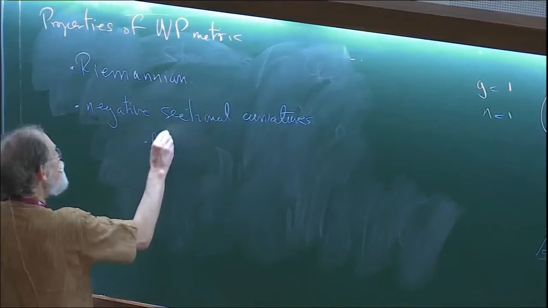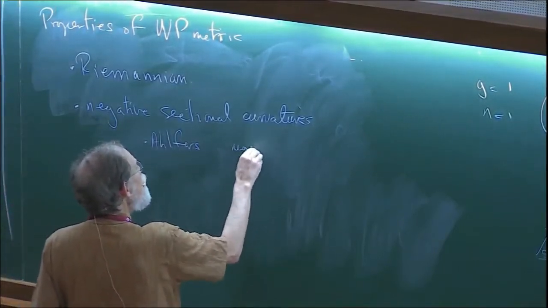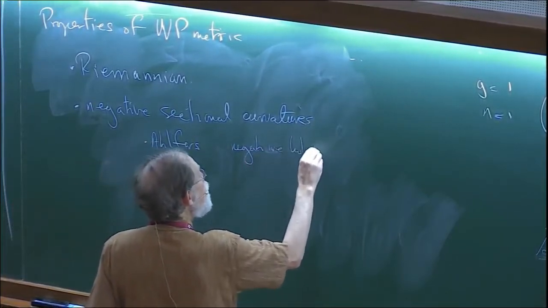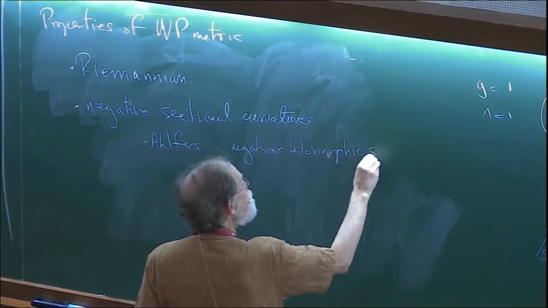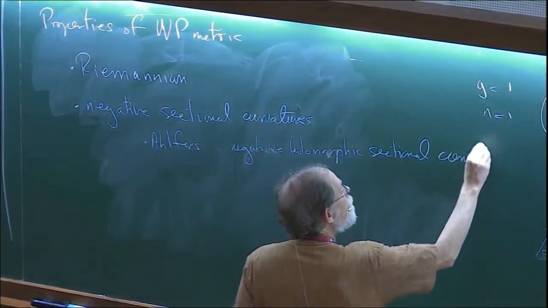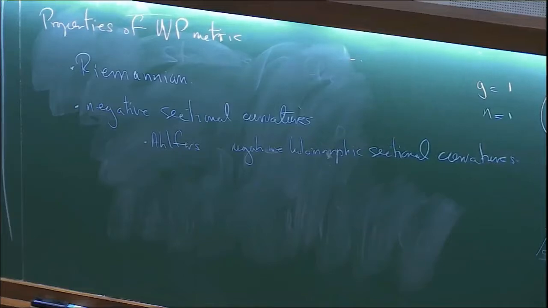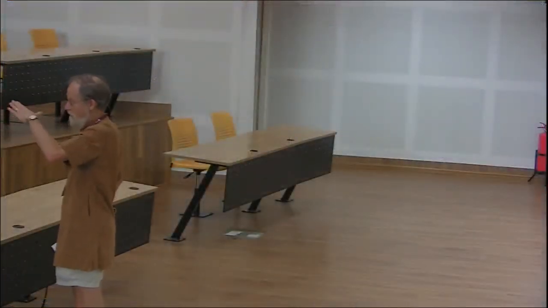Ahlfors did not prove this. He proved that you have negative holomorphic sectional curvatures. Perhaps that was because Ahlfors only cares about holomorphic things, I'm not sure. So holomorphic sectional curvatures means, in a complex manifold, not all planes are equal.